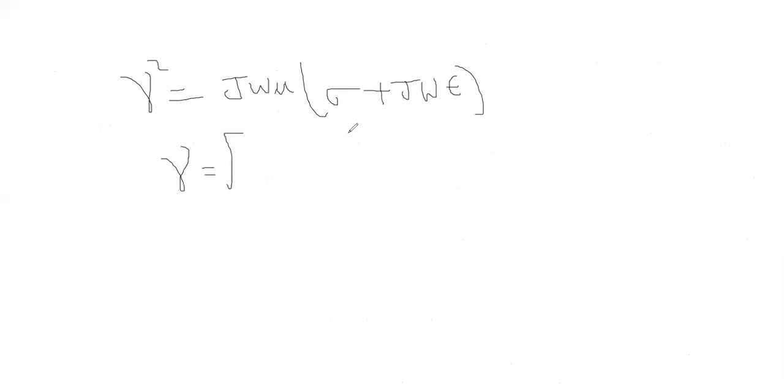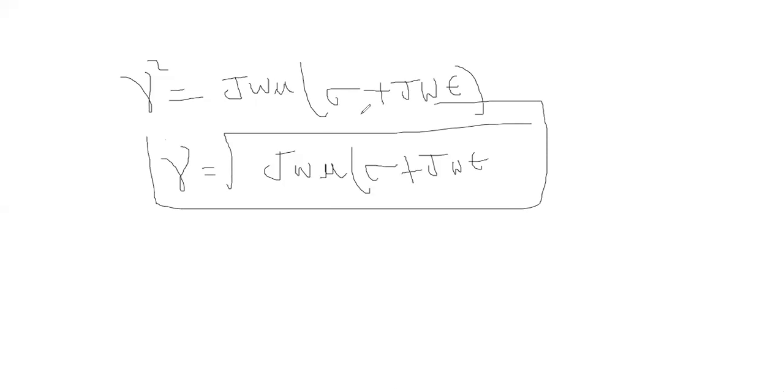Gamma square is equal to j omega mu into sigma plus j omega epsilon, or gamma is equal to the square root of j omega mu into sigma plus j omega epsilon. This is the propagation constant.